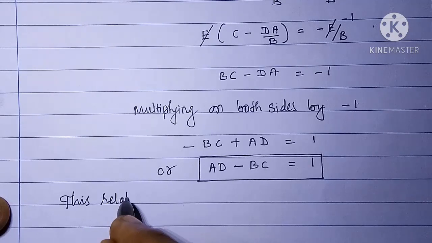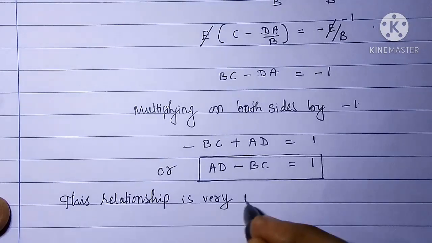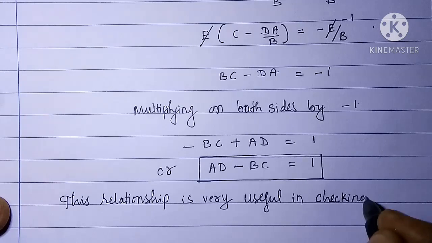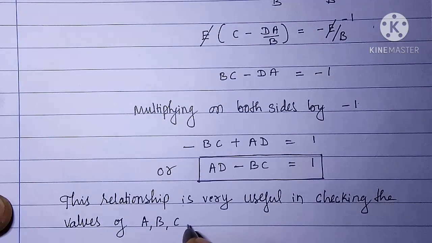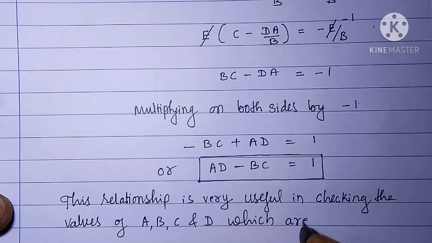This relationship is very useful in checking the values of A, B, C and D which are calculated independently.